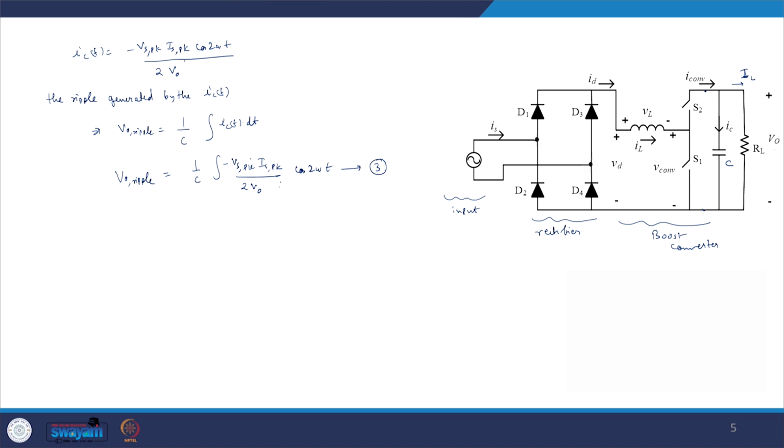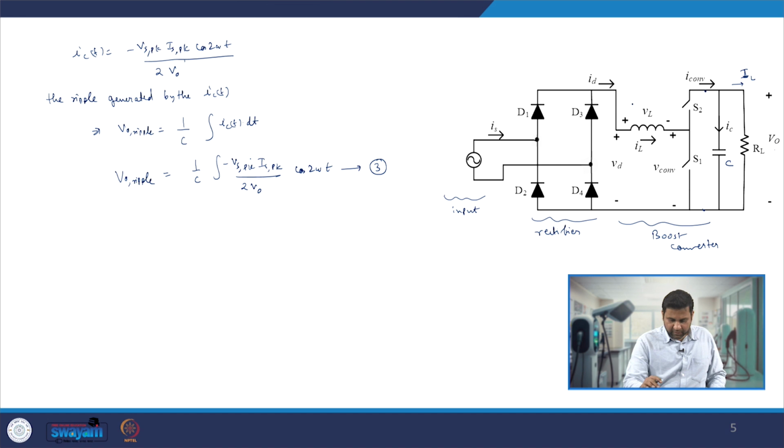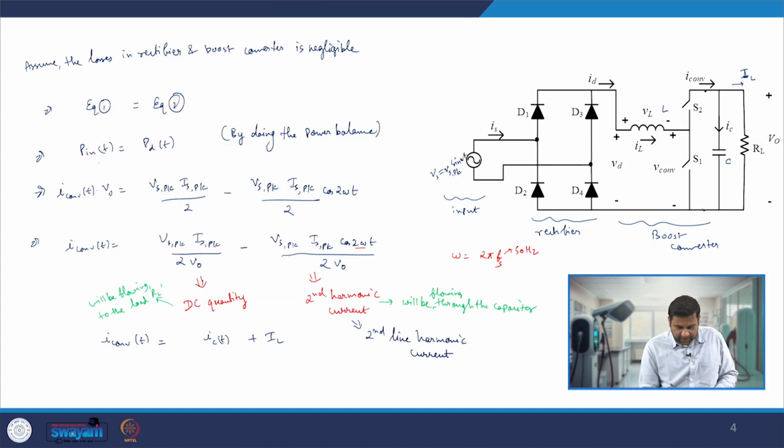If you look very carefully in the previous slide, this particular thing is the DC quantity of the current, and that current will be flowing through this resistance RL.